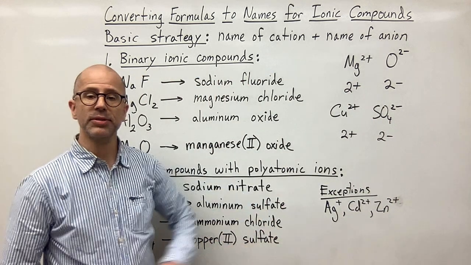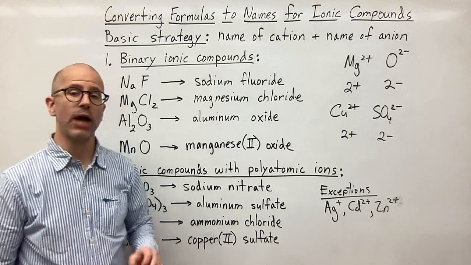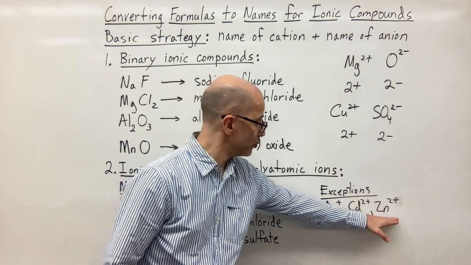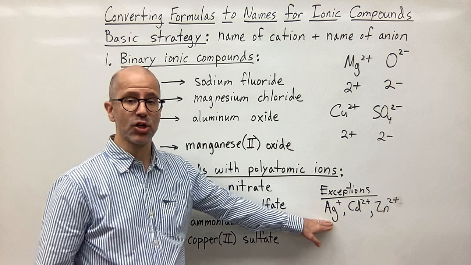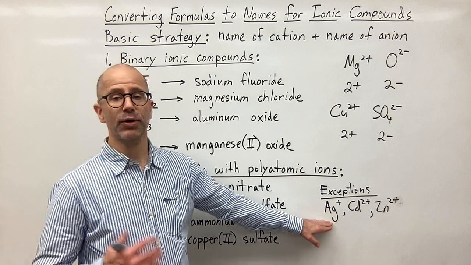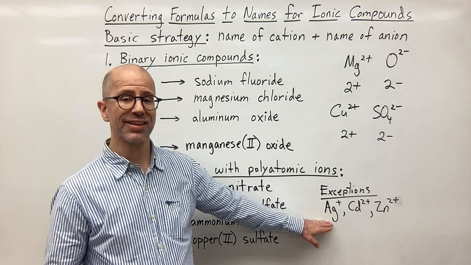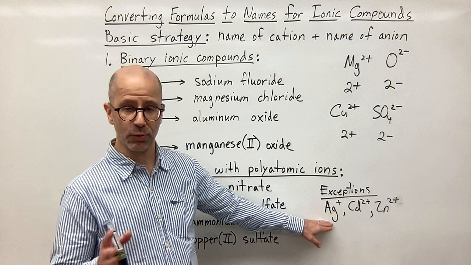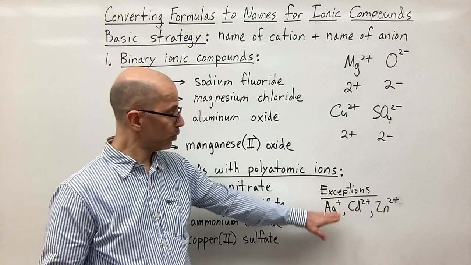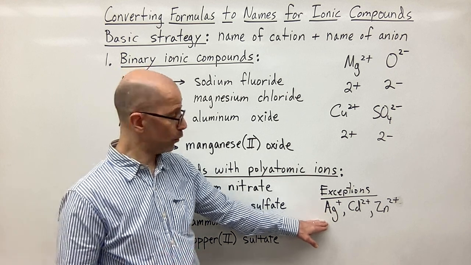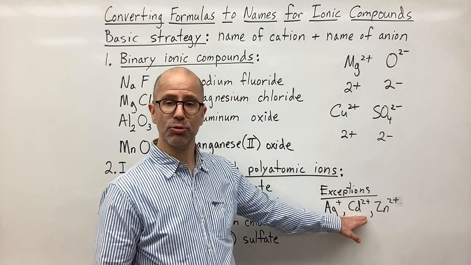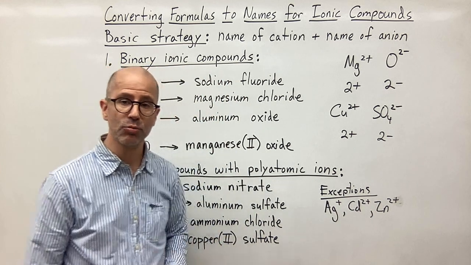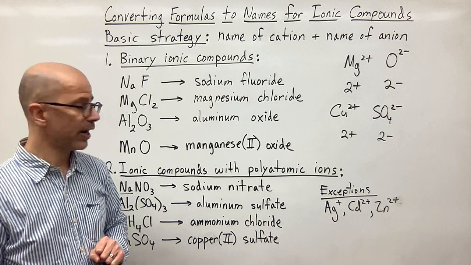So silver, cadmium, zinc are transition elements, but they do not have a Roman numeral because they only have these charges. So silver, by and large, only has a +1 charge. It can have a 2+ charge, but it's so rare that we don't bother to give silver a Roman numeral 1. It's just silver. Cadmium only has a 2+ charge. Zinc only has a 2+ charge. So there's no need for a Roman numeral for those metal ions.